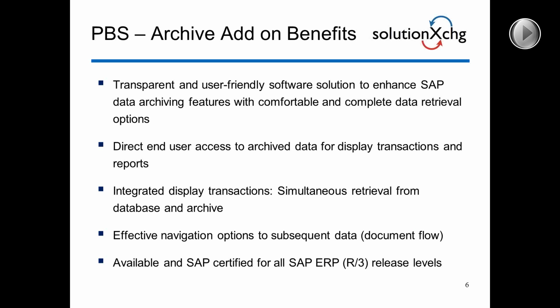And like I said, you can always simultaneously retrieve from the database as well as the archive, or you can segregate and say, I just want to run a report on specific archive data. You have the flexibility with these tools to narrow down your search on whatever you're looking for.